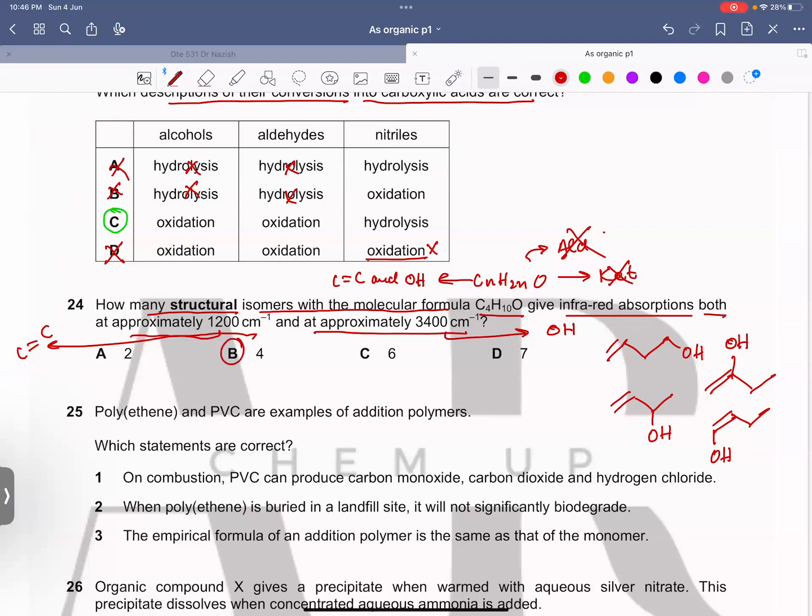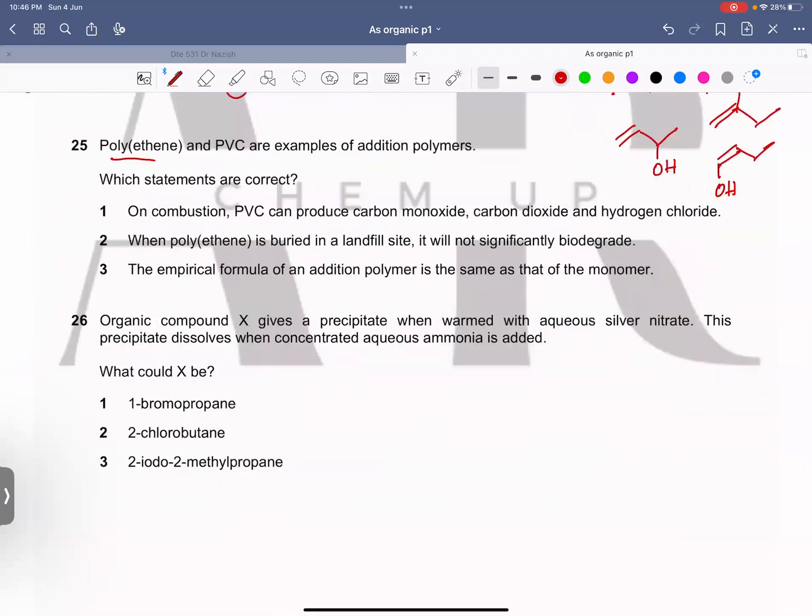Now question number 25. Polyethylene and PVC are examples of addition polymers. Which statements are correct? On combustion, PVC can produce carbon monoxide, carbon dioxide, and hydrogen chloride. So for this one, A is 1, 2, and 3, B is 1 and 2, C is 2 and 3, and D is 1 only.